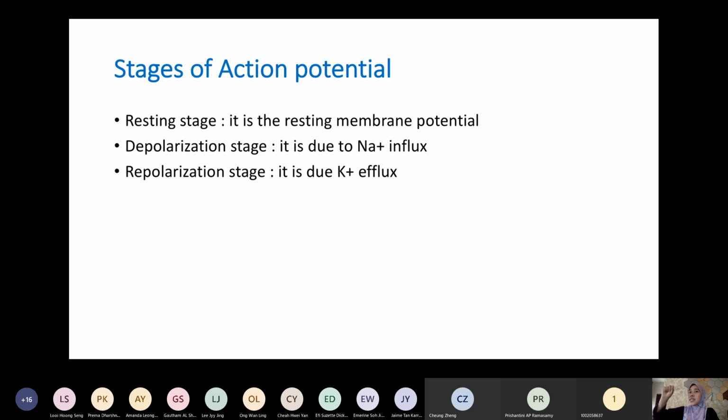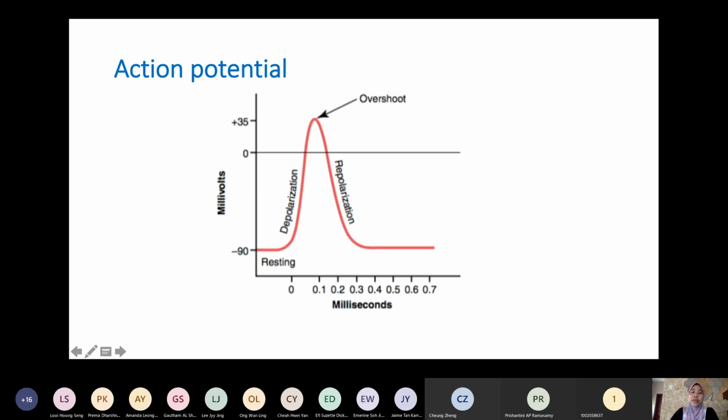The delay in the closing of the potassium ion channels causes a large efflux of potassium ions, making it much more negative. We call it the repolarization state. So depolarization and repolarization. I will show you about the hyperpolarization later.